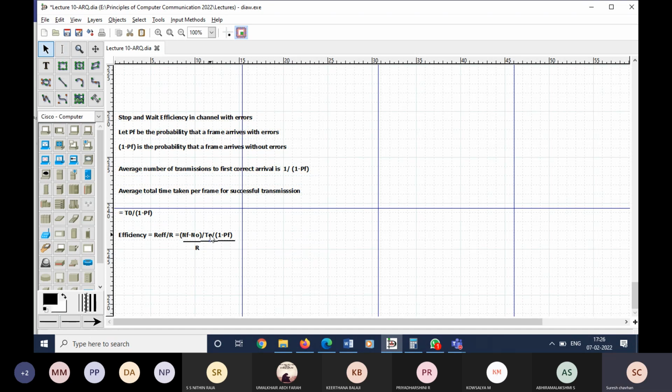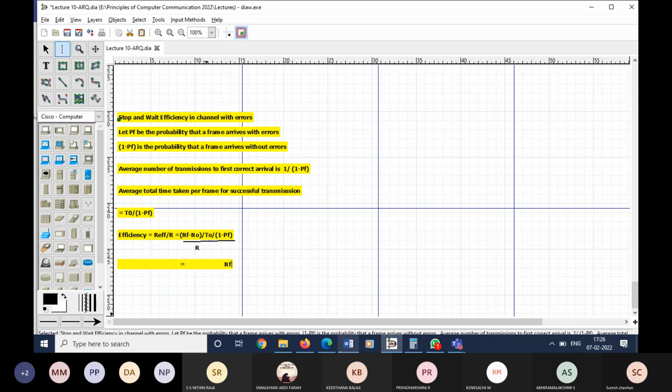So NF minus N0 divided by T0 divided by 1 minus PF, whole divided by R. Right. It has NF minus N0 into 1 minus PF.